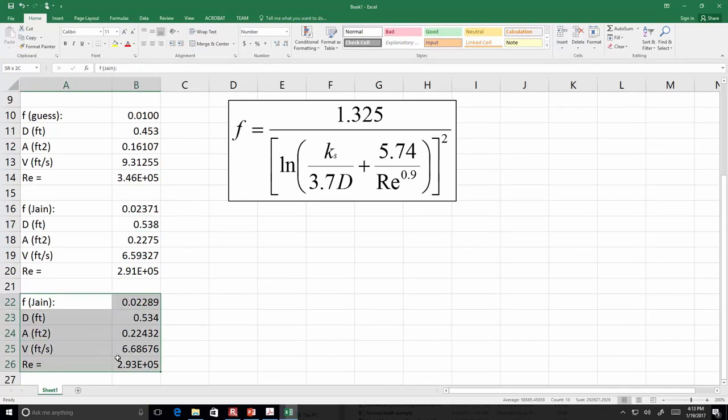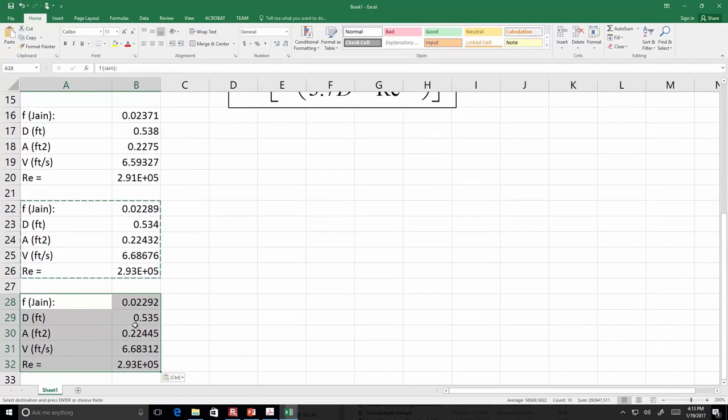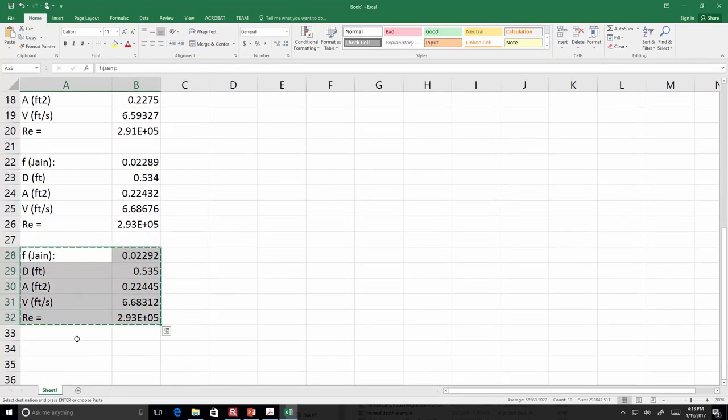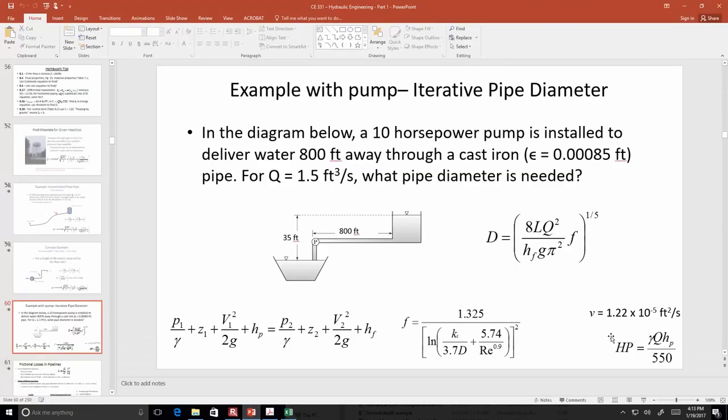And if we did another step again, then the diameter basically isn't changing anymore. And one more iteration would confirm that, 0.535. So that tells us that if we make the pipe diameter this size, then we're going to get the flow rate of 1.5 cubic feet per second when we pair it with this pump.